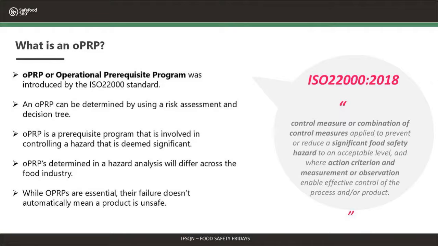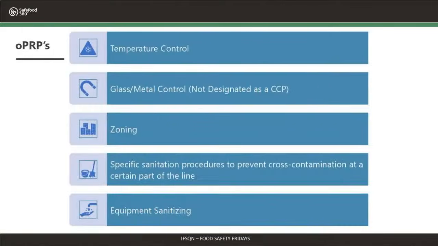So let's have a look at some examples of OPRPs. Now, just be aware that depending on your process and what you're producing, an OPRP for you might not be the same for somebody else, okay? So it will depend on a number of different factors.